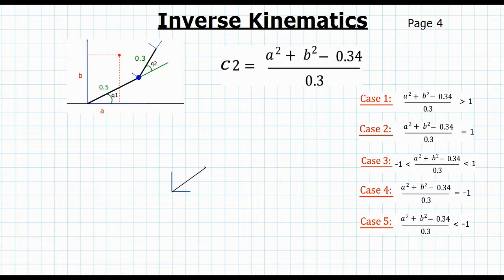There has to be some maximum reach for this robot, and that maximum reach would be when the two links are extended fully. This would lead us to a circular region.